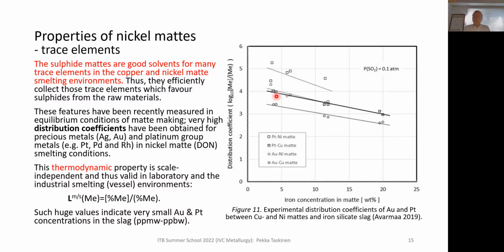If we see higher concentrations of platinum in our slags, we can conclude that it is coming from the dispersion of matte. It's not chemically dissolved platinum, but it exists as matte droplets in the slag.